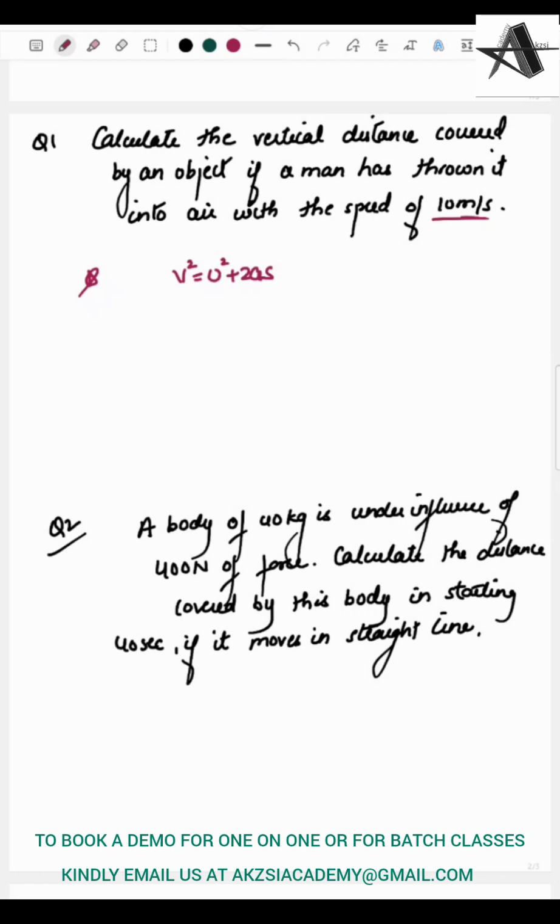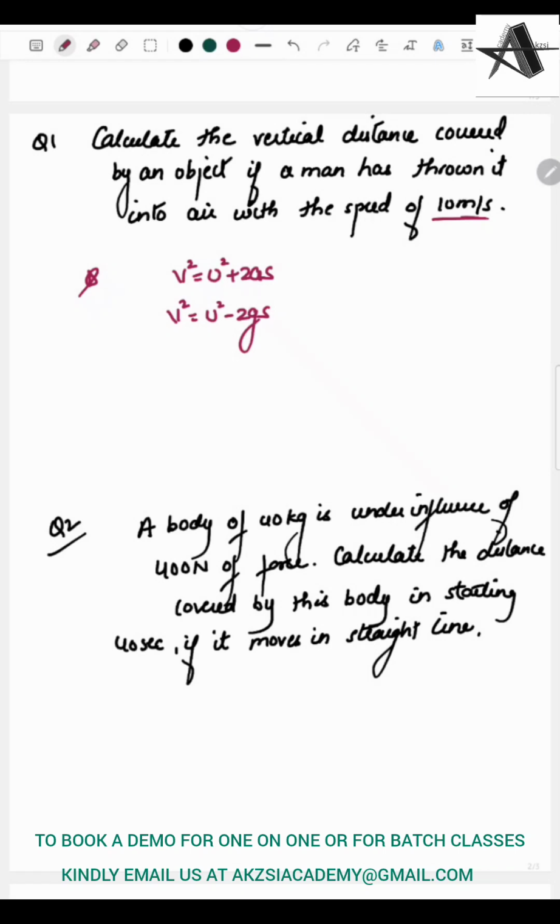If you're throwing something downward from a height, the ball is in the direction of gravity, so the acceleration is plus g. Whereas when you're throwing opposite to it, the acceleration is negative g. So this equation will become v squared equals u squared minus 2gs.